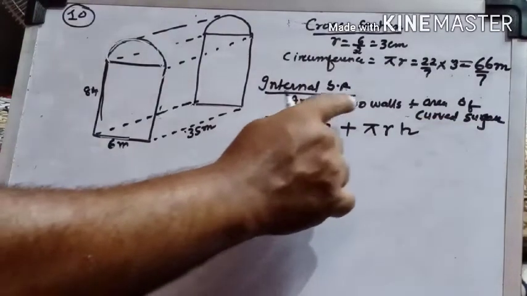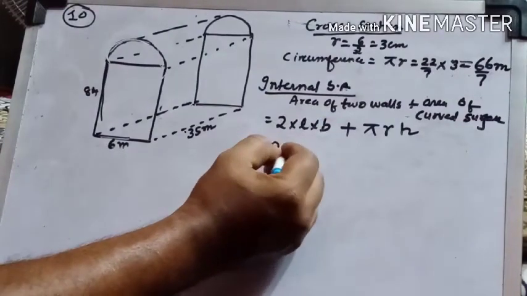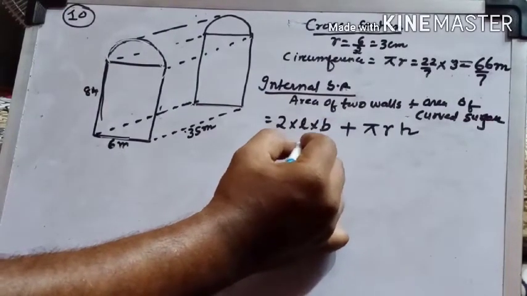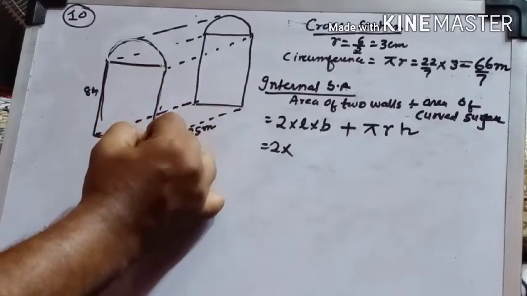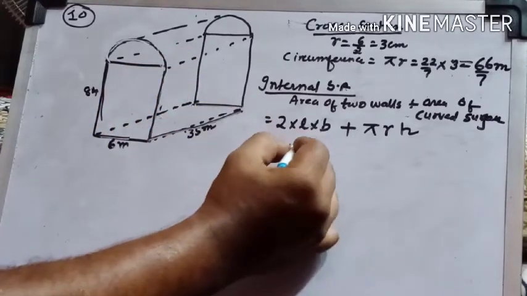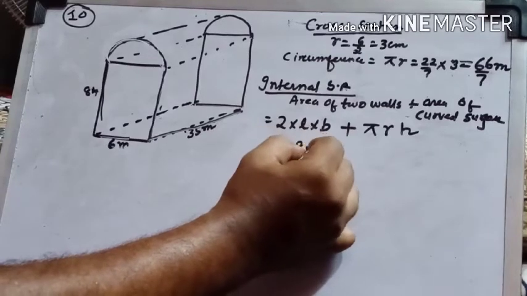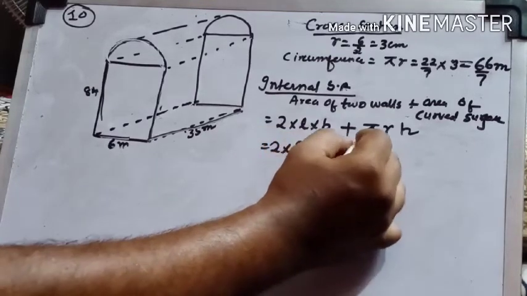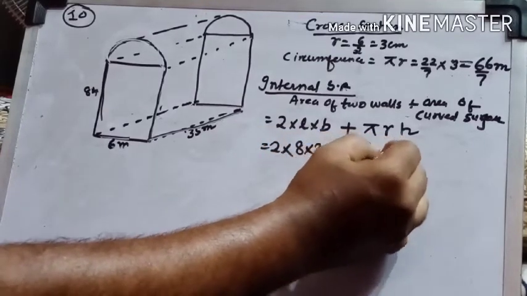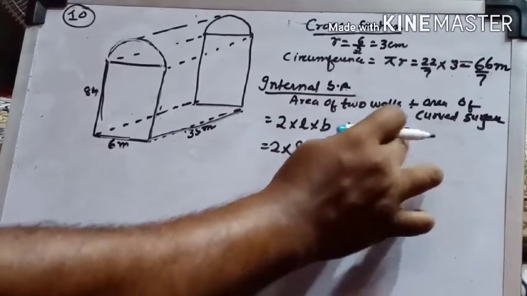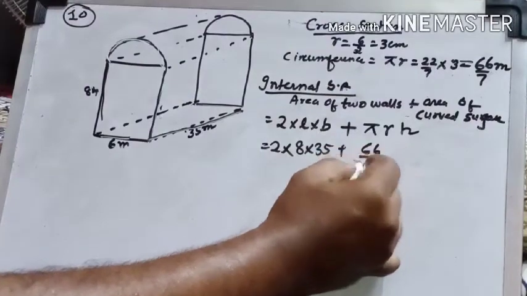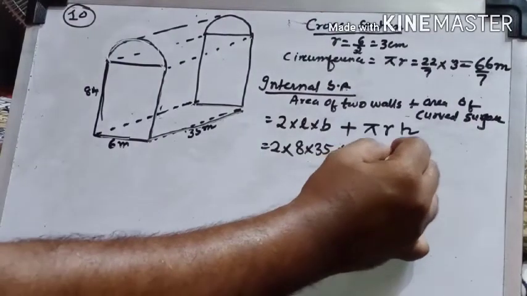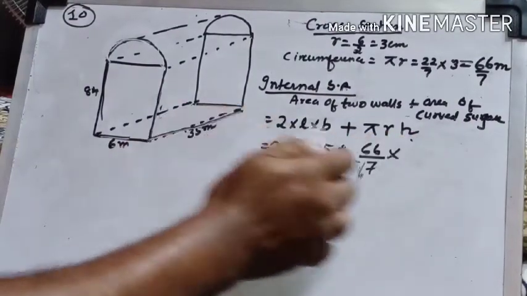So 2 into length is given. This is this one into this one. So this will be 8 into 35, plus this is 22 by 7 into 3, pi r into h, where h is given. So pi r we have already calculated, 66 by 7 into this 35.